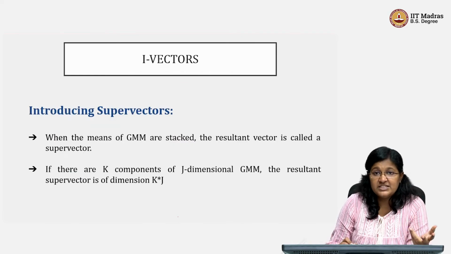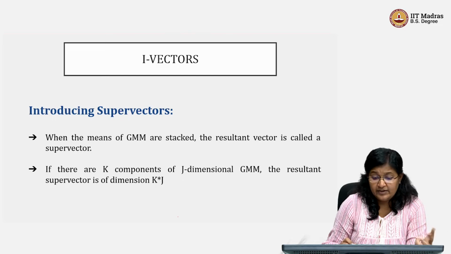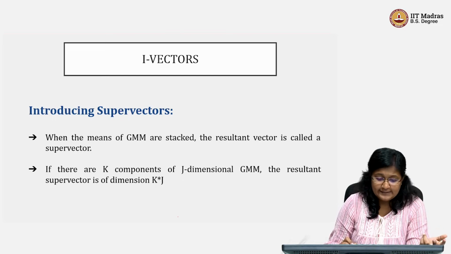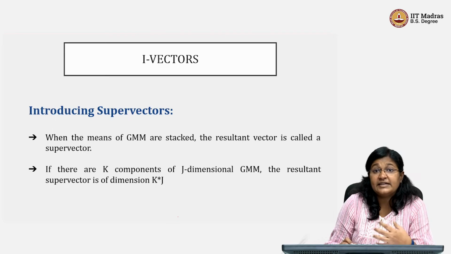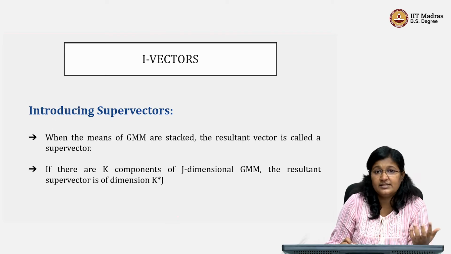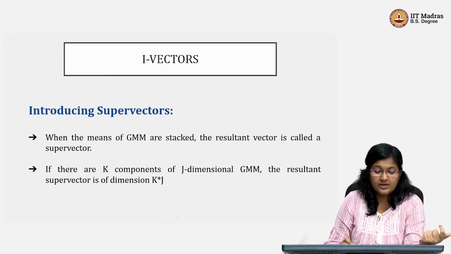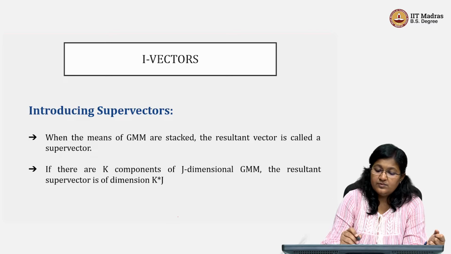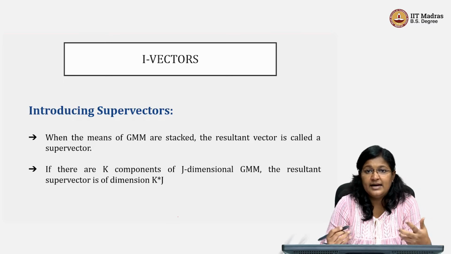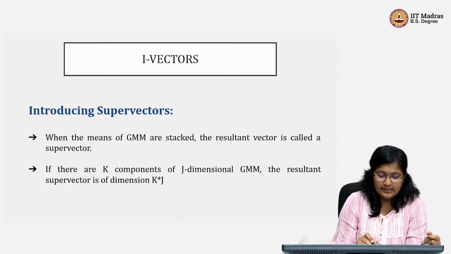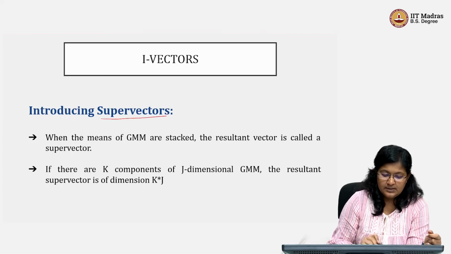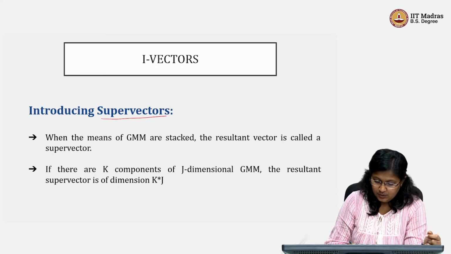The next conventional technique that has been there for a longer time is I-vectors. This is one of the first vector based speaker verification approaches that came out. For I-vectors too, we need the understanding of UBM-GMM and something called supervectors.